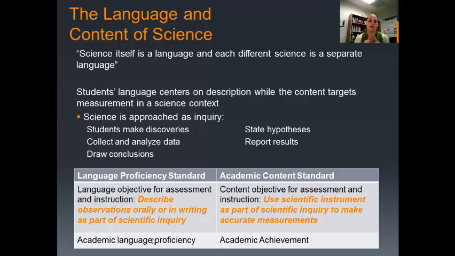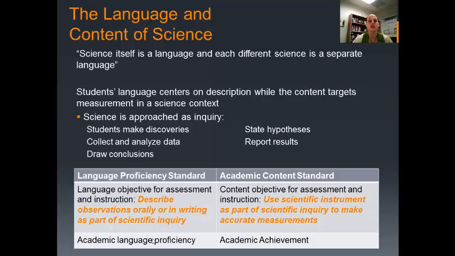So not only are you having students use the instrument, which would be that content objective, but you have to teach students the way in which to describe their observations of the use of that instrument in order to showcase their ability. And both pieces are as important as each other.